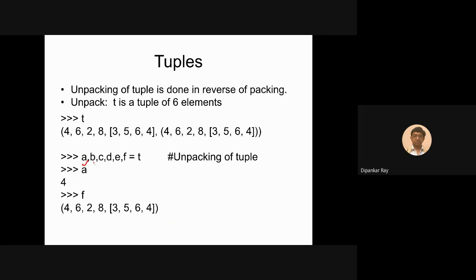I don't know whether anybody is there or not. Yeah, we are here, sir. A, B, C, D, E, F, T. So just see how easily you can unpack. On the left side, you have written so many. It is not feasible in other programming languages.